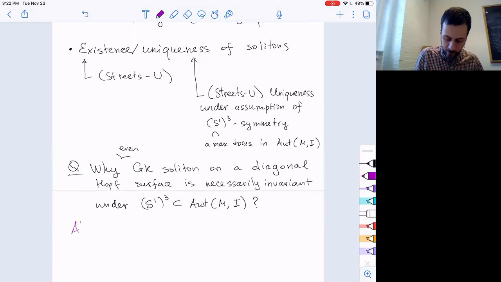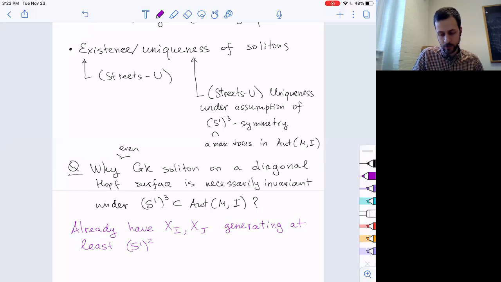So we already have xi and xj generating at least S1 squared. So if you have a soliton, a priori you have two-dimensional symmetry. The question which remains to be answered is why there is a third vector field.